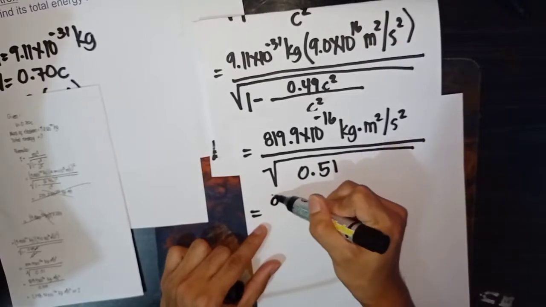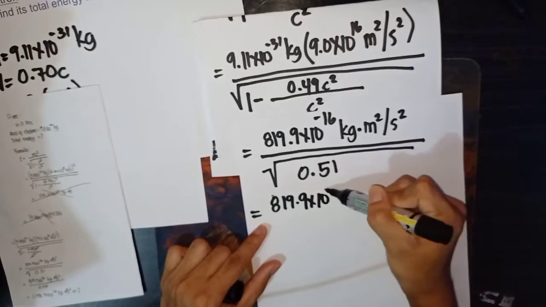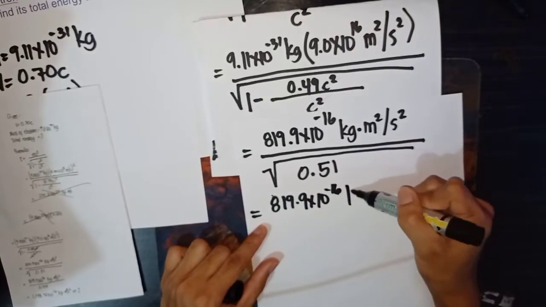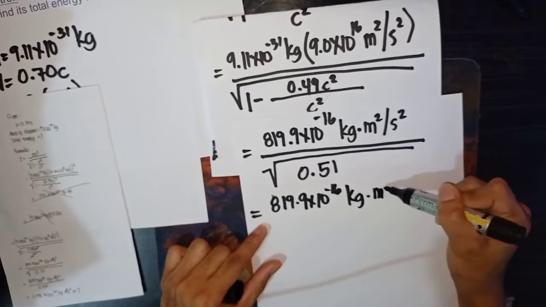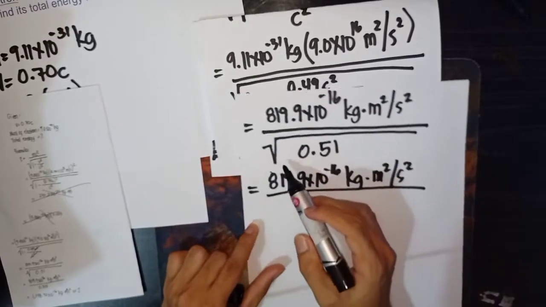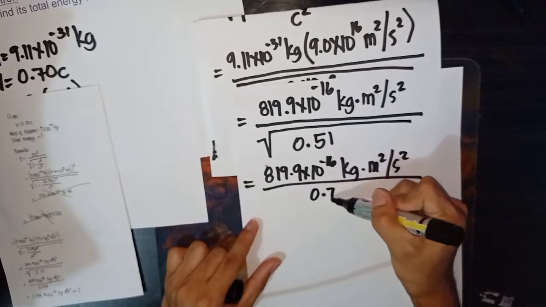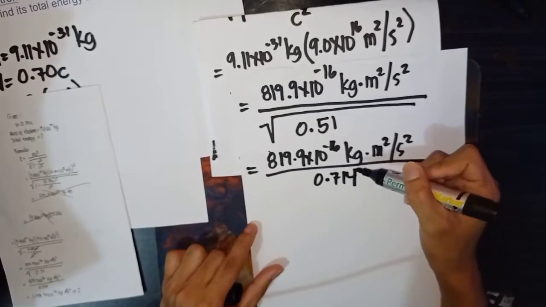Let's just copy 819.9 times 10 raised to the power of negative 16 joules divided by the square root of 0.51. What is the square root of 0.51? That is 0.714.